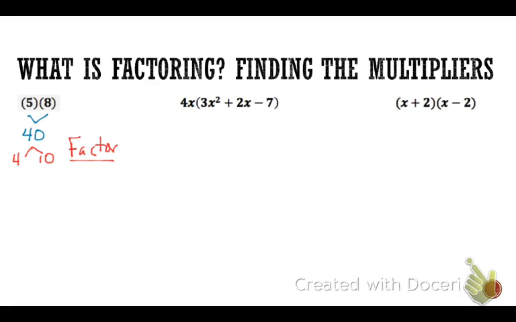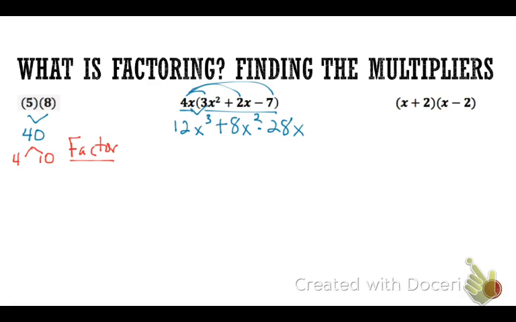Let's look at the next example with a polynomial. So again, I have two multipliers. So the polynomial, it's a monomial, 4x, times this trinomial. So when we multiply, we have to distribute that 4x. Minus 28x.